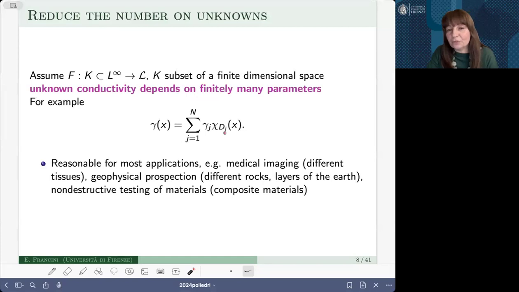And if you know the domain, this unknown coefficient will only depend on a finite number of parameters. This is reasonable for most applications. For example, it is reasonable for medical imaging, for geophysical prospection, and for non-destructive testing of material. So this is the kind of setting we want to restrict to.